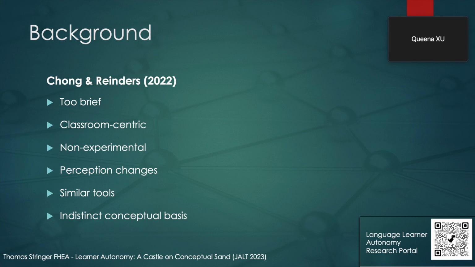A lot of research is also not experimental, as in it's not evaluating a particular autonomy promoting tool. And too often the research that is out there is just measuring perception changes about learners' self-perception of how autonomous they are.